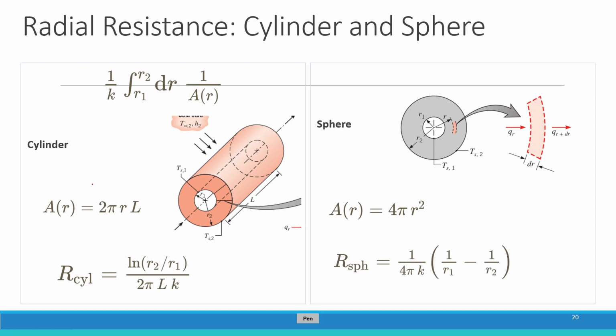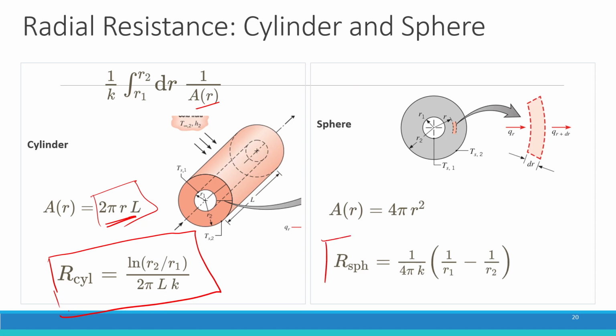The area of the cylinder through which the conduction will occur is 2 pi RL. If you put the area 2 pi RL over here and integrate it, then you will get the conductive resistance of the cylinder as this term. Similarly for sphere, it will be this term. These two formulas you need to remember.